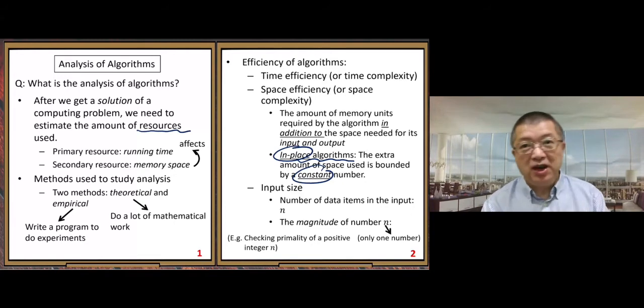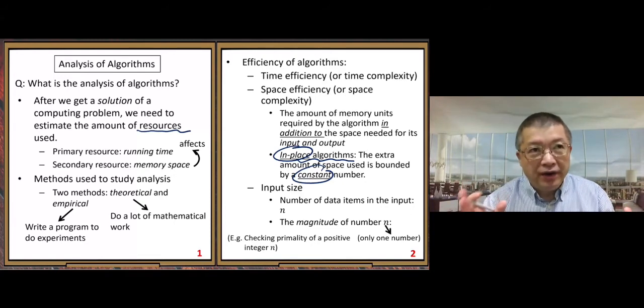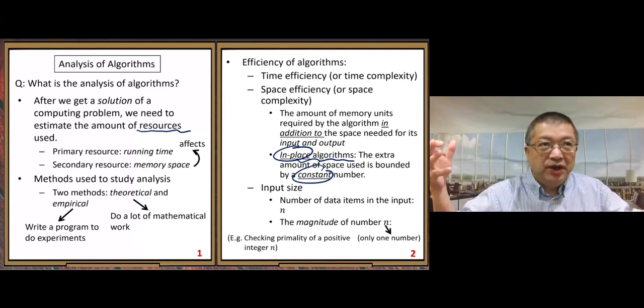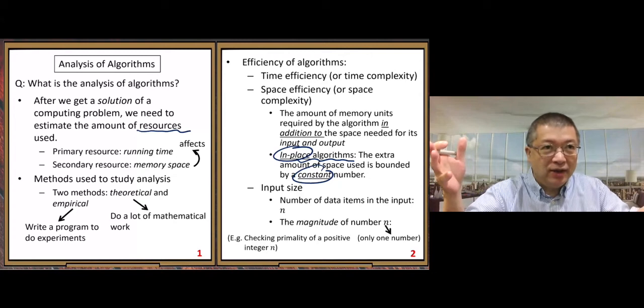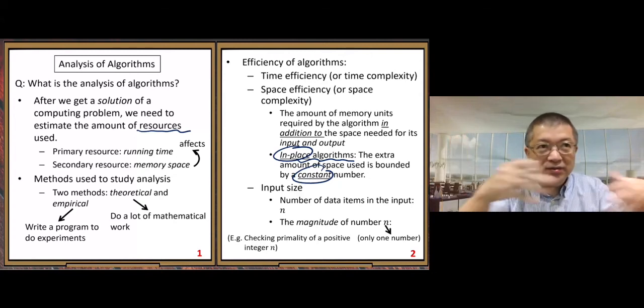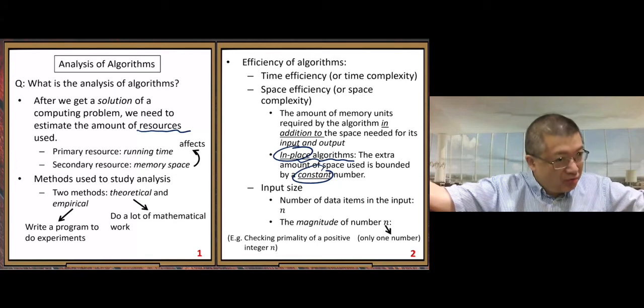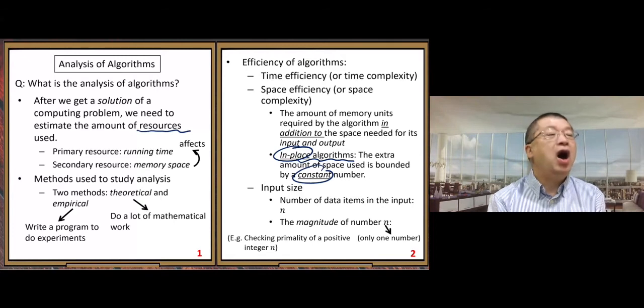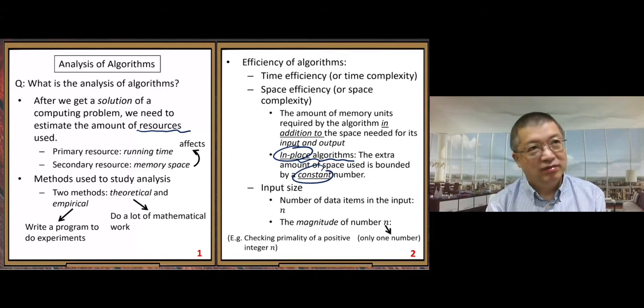How hard is it? Let me describe a little bit. You can use a very powerful computer, even a supercomputer, to try to check primality of a 1,000-digit non-trivial odd number. 1,000 digits. Can you imagine that? Several thousand digits that you check primality.